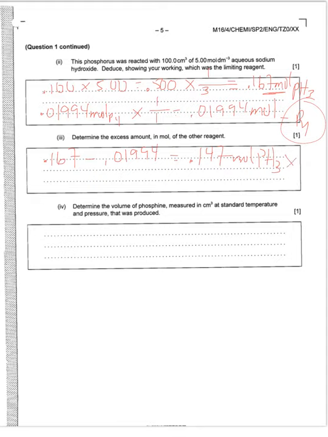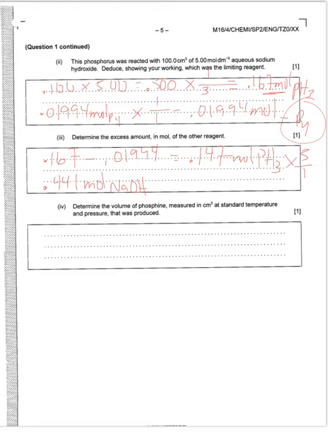So when I convert this back at a 3:1 ratio, that lets me know there'd be 0.441 moles excess of NaOH. I could have also taken the 0.02 times the 3:1 ratio to say 0.06 used, so 0.5 minus the 0.06, and I again would have gotten the 0.44 of NaOH left.